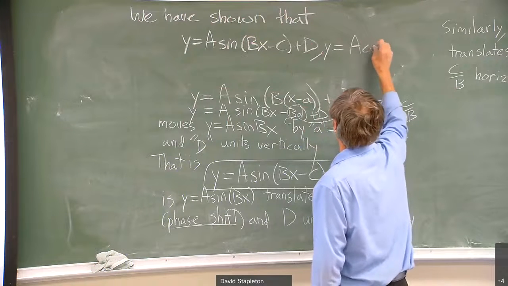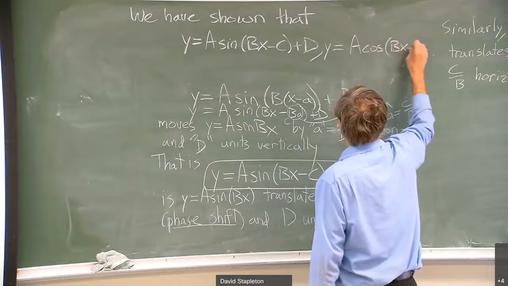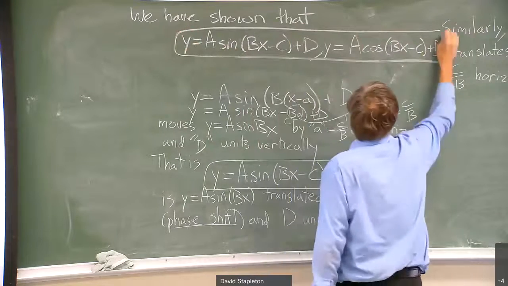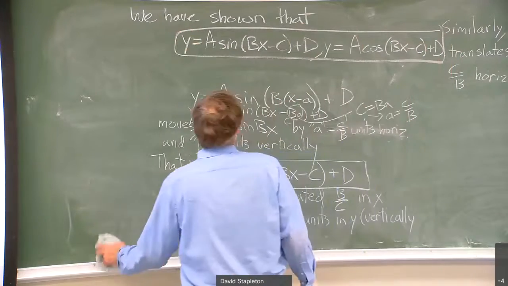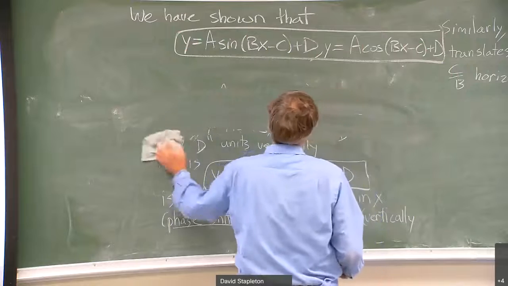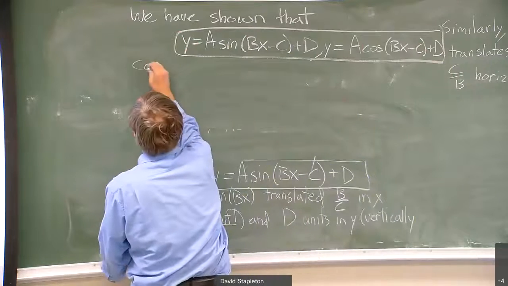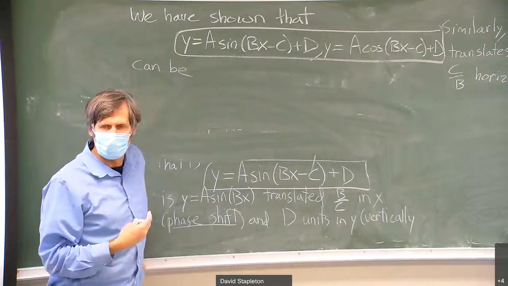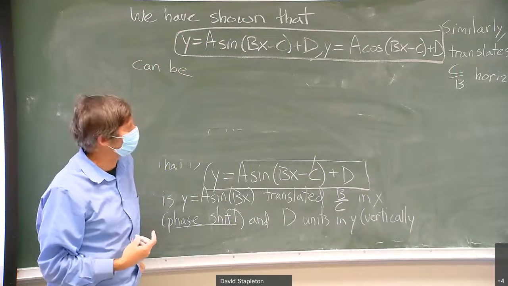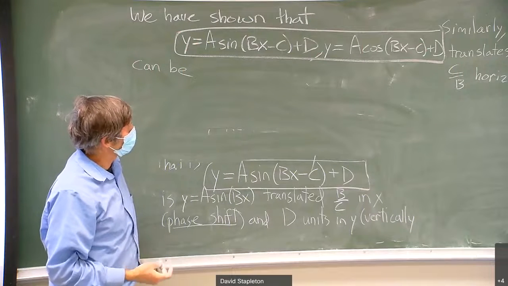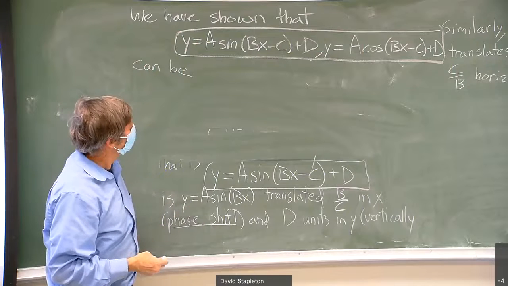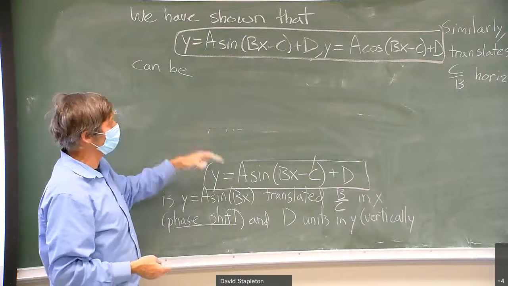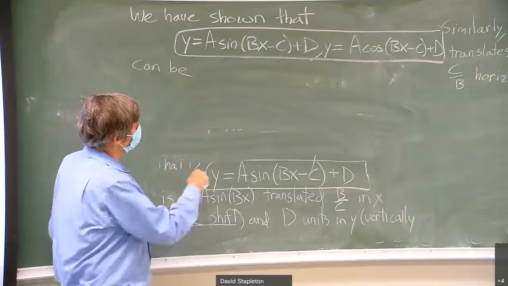Y equals A cosine BX minus C plus D can be sketched as follows, right? It's really just the algebra techniques you already learned. You can already sketch these if you think about it using your algebra techniques, right? What we've come up with is a faster way to do it. When you write this down, you can figure how it comes from the sine and cosine, rewrite it in that form that we just showed.